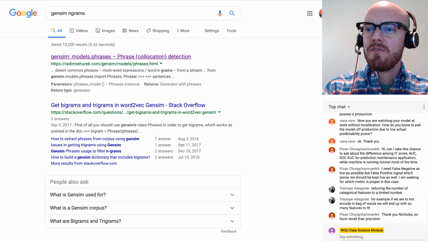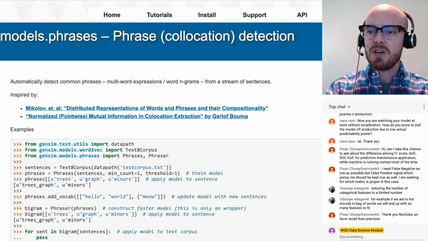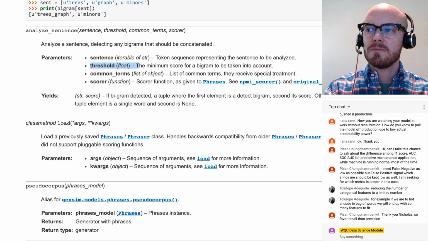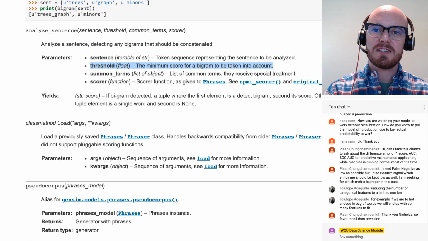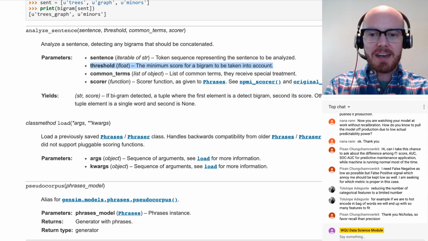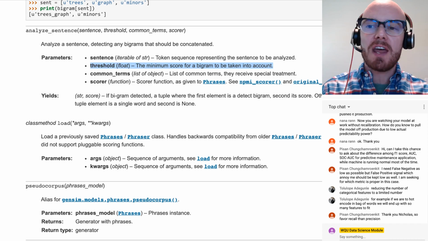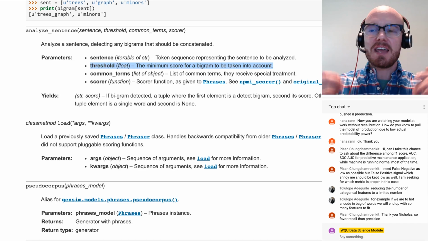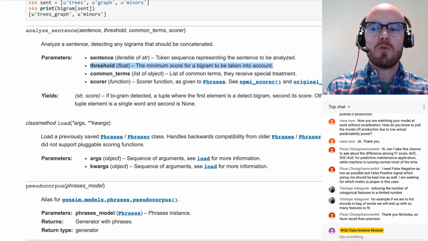For the phraser, which is the thing in gensim that creates the n-grams, you can create a threshold for the n-grams. So for example, it won't take every single combination of two words, like if you have a sentence that's the cat is black, it won't be the cat is black. It will go over your entire corpus and it will only include an n-gram if it appears a certain number of times, right? So black cat might appear 10 times in the entire corpus, and then and only then will it be included.